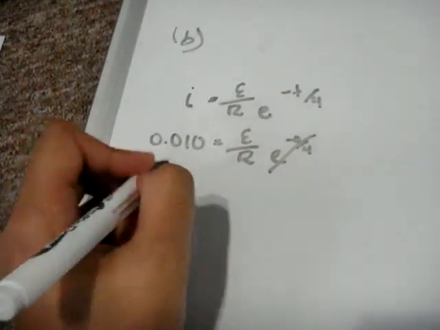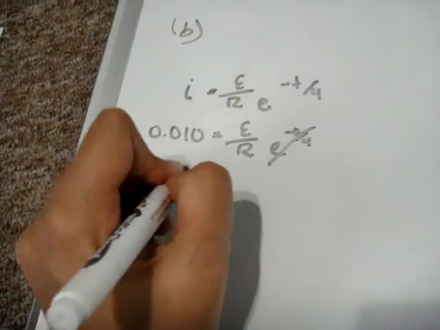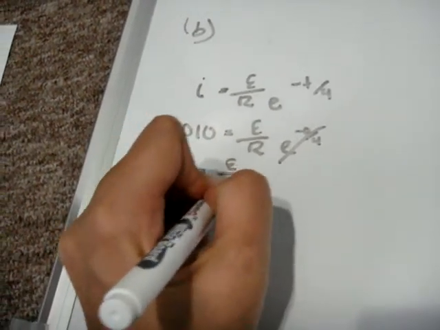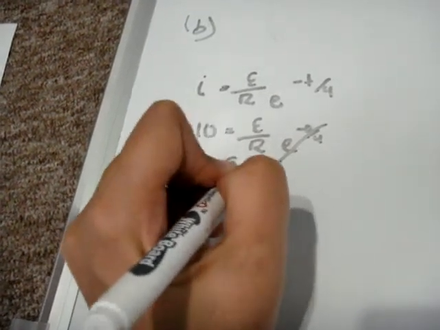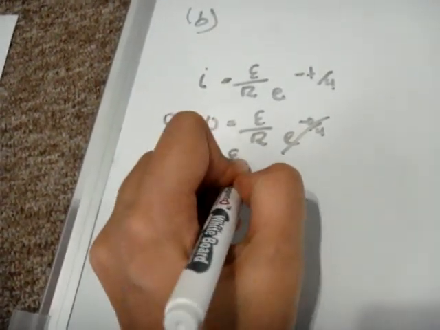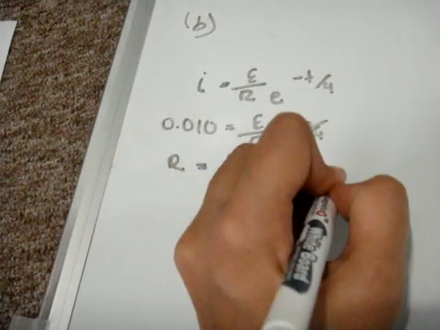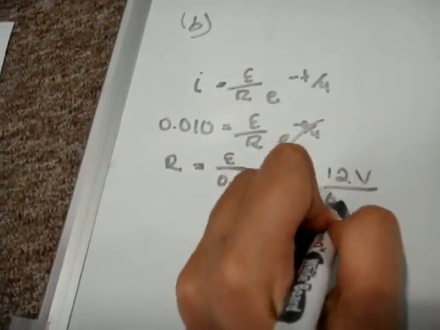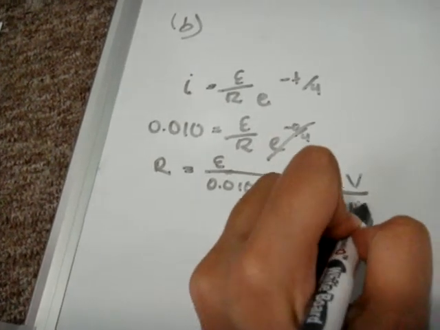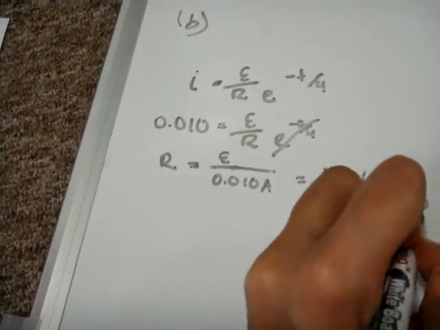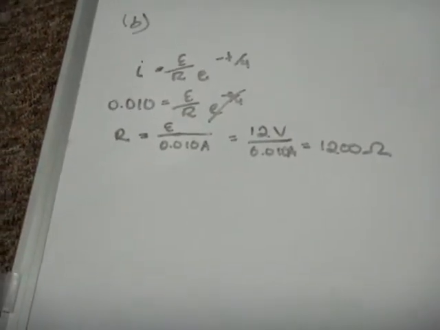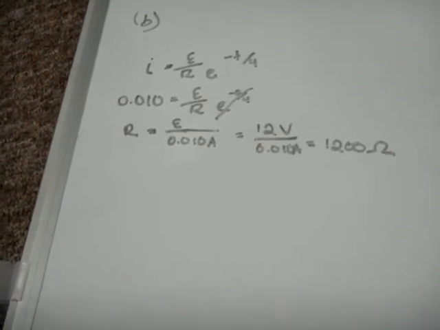So we have that the resistance equals emf over 0.010 amps, and the emf they told us is equal to 12. So we'd have 12 volts over 0.010 amps equals 1200 ohms. So that's the value of the resistor.